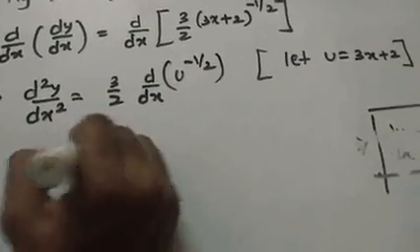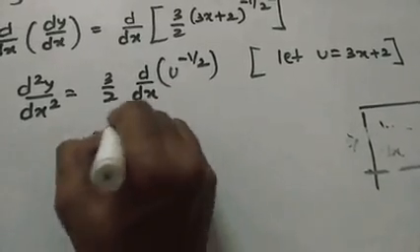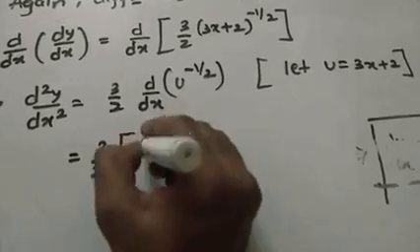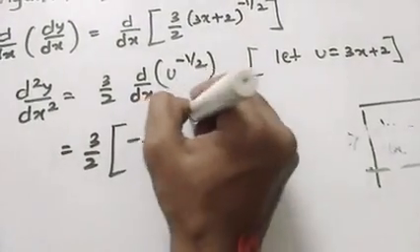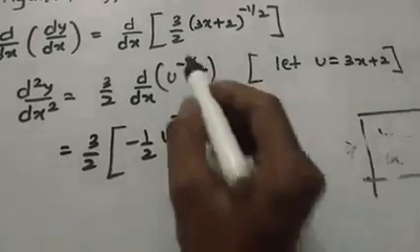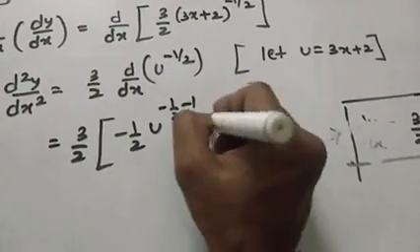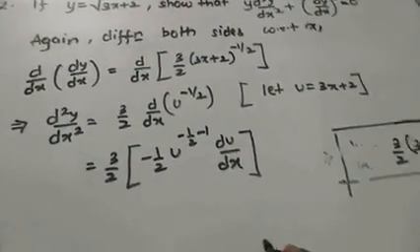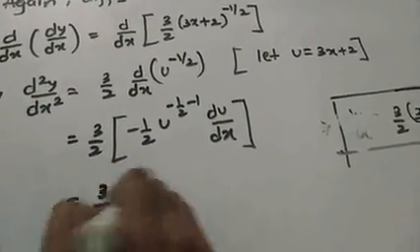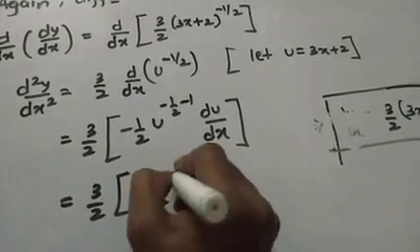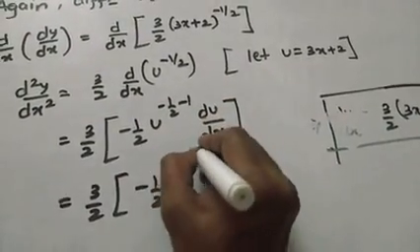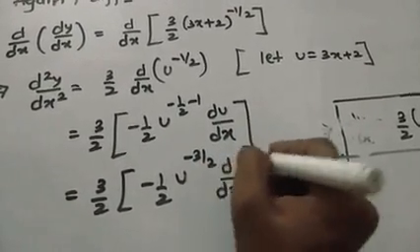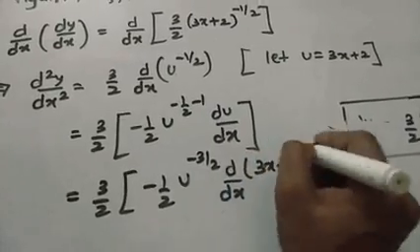Now using the formula, u to the power minus half, the derivative will be minus half u to the power minus half minus 1. Now this is u, this is x, these are not the same, so by chain rule du by dx. Minus half u to the power minus half minus 1, that is minus 3 by 2, d dx of u means 3x plus 2.